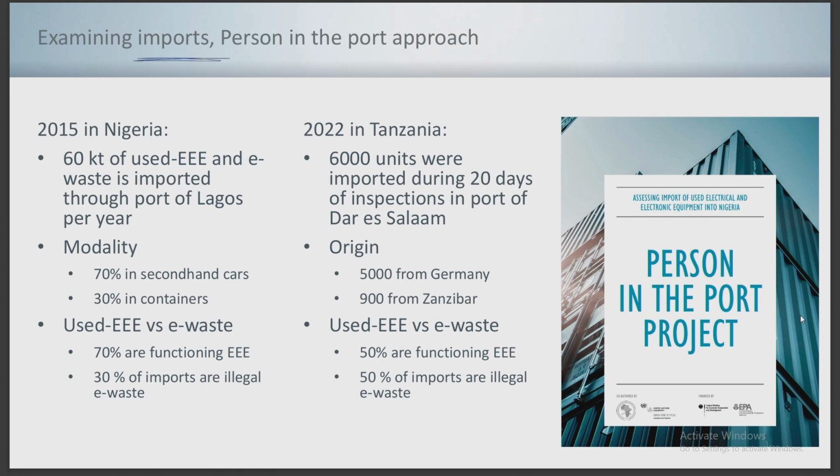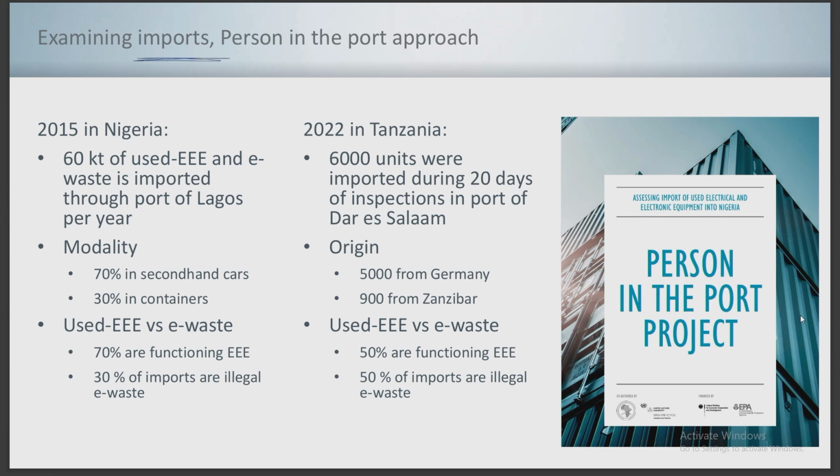And out of the functionality tests which we have done, 70% were functioning, but 30% are not functioning. So they are electronic waste. So that is illegal. And if a shipment contains both, then by default it's a waste shipment.